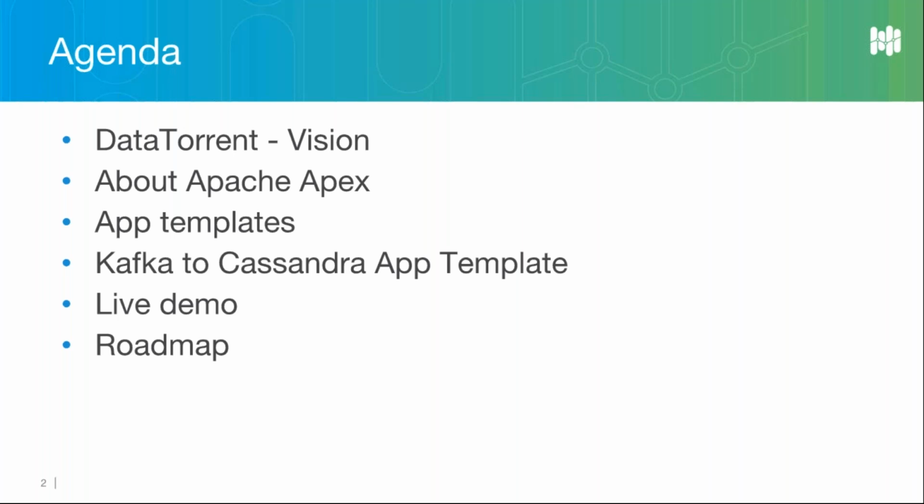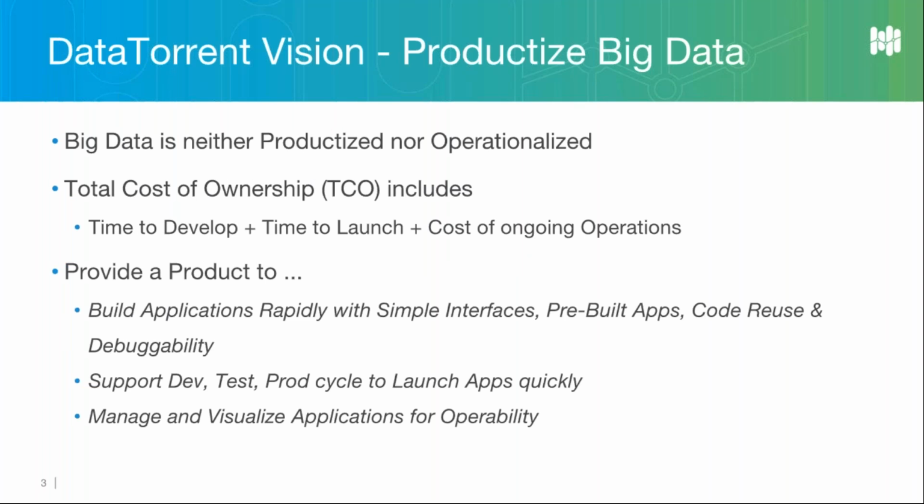We'll cover the DataTorrent vision in the big data world, then learn about Apache Apex, the platform provided, then the concept called app templates, then the Kafka to Cassandra app template, and then we'll see a live demo of it.